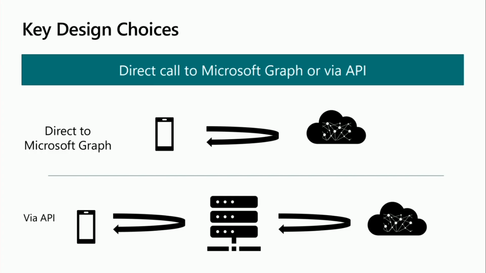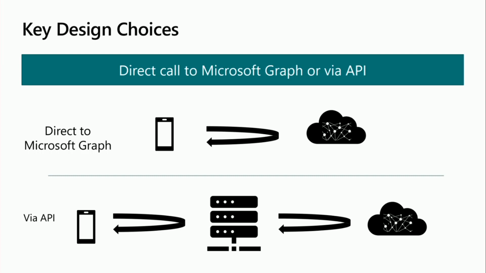But there are limitations that come along with it, is that you can only do delegated access. Your application can only access the information that your end user who signed in is allowed to access. Whereas if you go via an API, you have the opportunity to do both delegated access using an on behalf of flow, or you could do app only access.